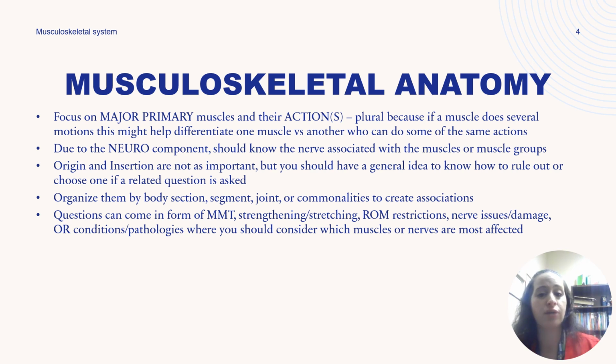And myotomes is where you're going to go into with that as well. The neural and the musculoskeletal things are going to overlap. So you might think, oh, I thought we would talk about myotomes and neural topics, but it's related to musculoskeletal, because if a nerve is damaged, it's going to affect the muscle function.